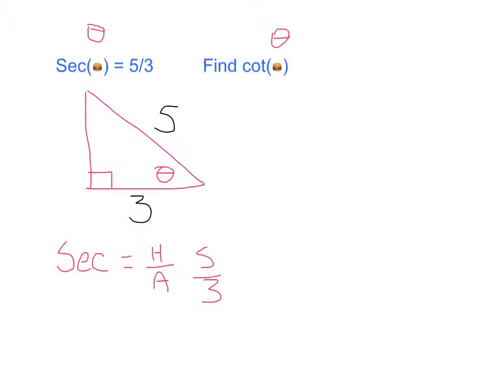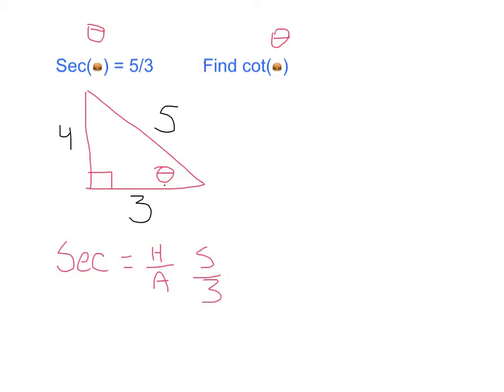Now I can use the Pythagorean theorem to find my missing side, and if you remember back from geometry, this is one of those Pythagorean triples, so it's a little bit faster. I know it's a 3, 4, 5 right triangle. So now, using this picture, I need to find my cotangent ratio. It doesn't matter where you put theta as long as you don't move it. I need to keep theta where it is.